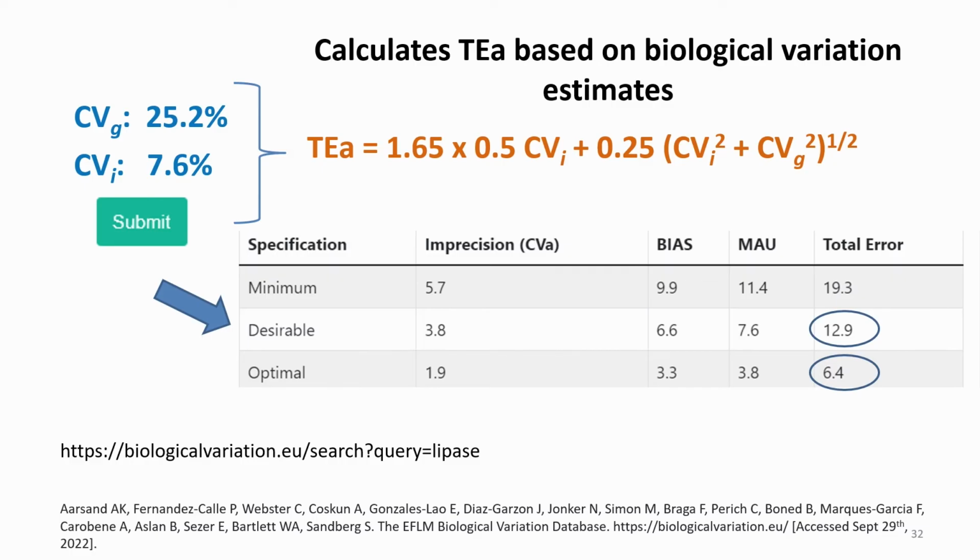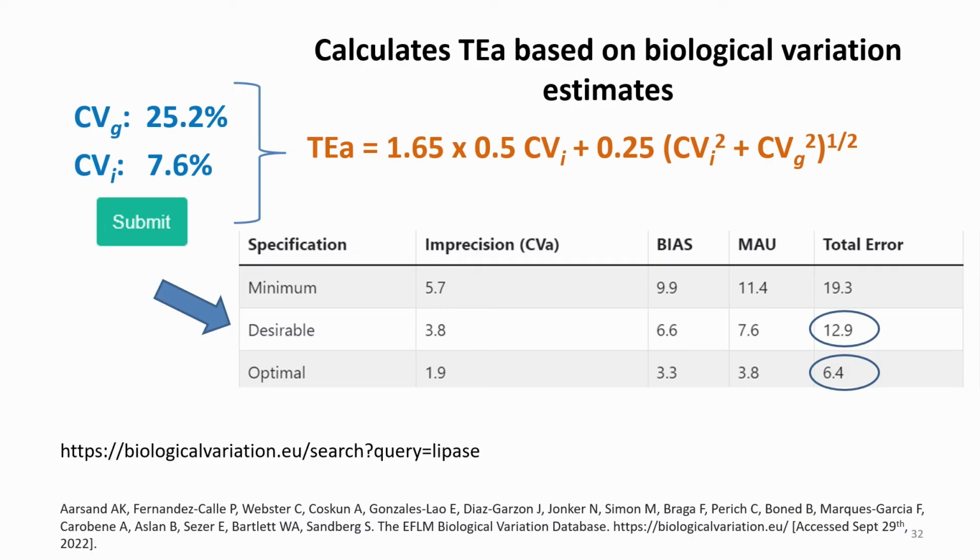So the website gives specifications of minimum, desirable, and optimal. Those factors in front of the intra-individual CV and the between individual CV combined with intra-individual CV represent which specification you want. Here I've chosen desirable, and that is 50% of the intra-individual biological variation and 25% of the combined estimate. So your total allowable error cannot exceed those percentages. If you want to move to the minimum specification, those factors get higher. If you want to move to the optimal specification, those factors get lower. So that's how that's calculated.